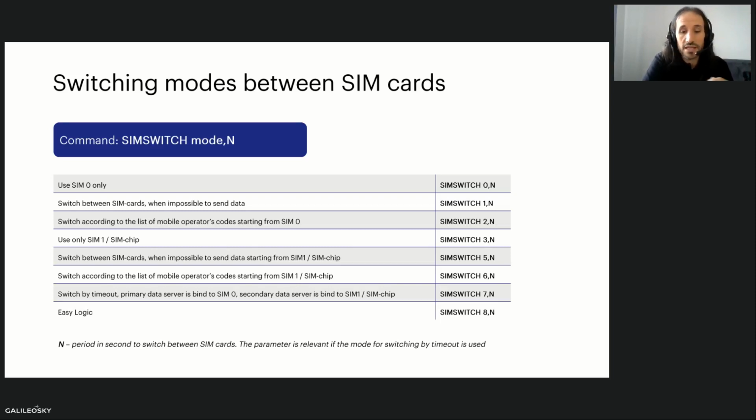And let's say that this card can only connect to this server and nowhere else. So in the SIM0, you will put your own card to receive your own data, and you will put your server as the primary server, and as the secondary one you will use this card and the server from the government. Using this mechanism, the device will switch between the two cards, so it can connect to both servers, and it will do it according to the time you set.